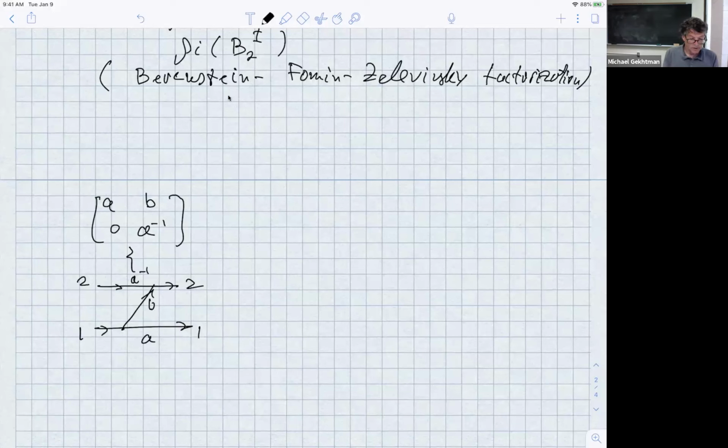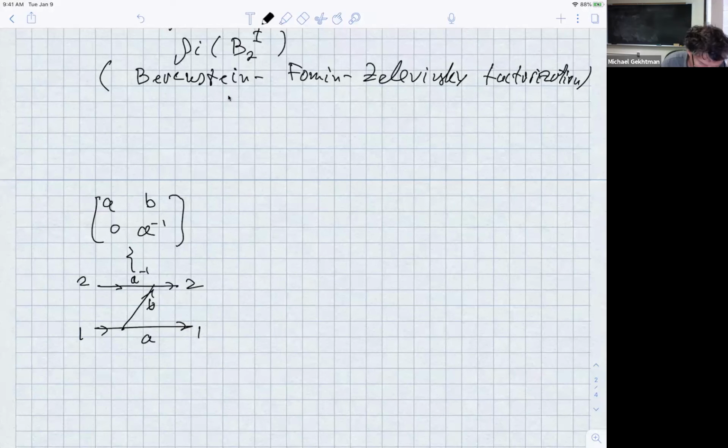To compute an entry of a matrix, I consider all possible paths from a source i to a sink j on the other side, compute the product of weights along the path, and then add all such products, and that will give me a matrix entry. In this particular case, there is nothing interesting going on because there is only one path from 1 to 2, no path from 2 to 1, one path from 2 to 2, and one path from 1 to 1. So we replace it with a picture like this.